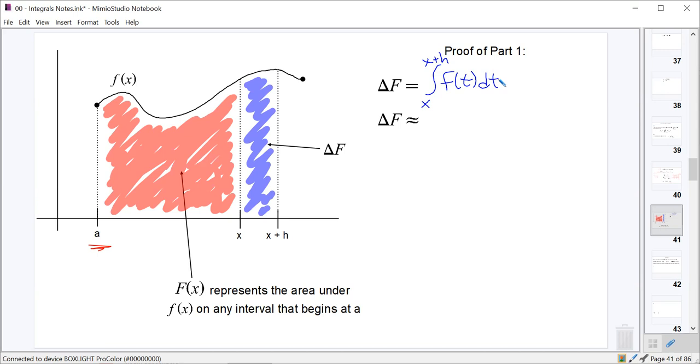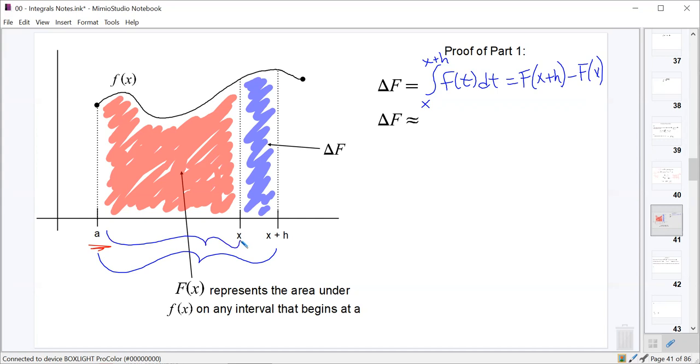Now we could also say that this value should be equal to capital F of x plus h minus capital F of x. Hopefully that makes a little bit of sense, because capital F of x plus h is the area from a to x plus h, and capital F of x is the area from a to x, as we defined it earlier.